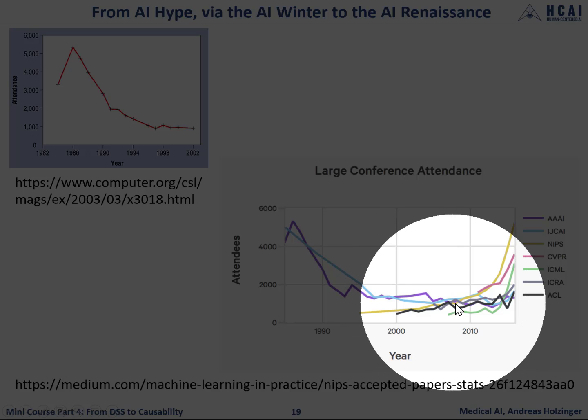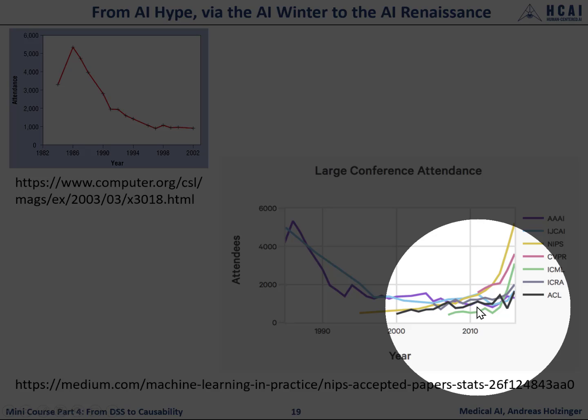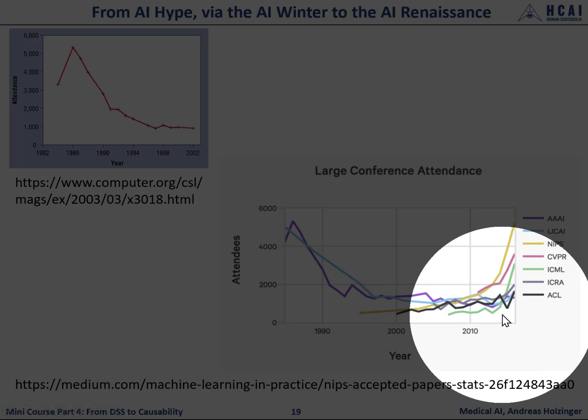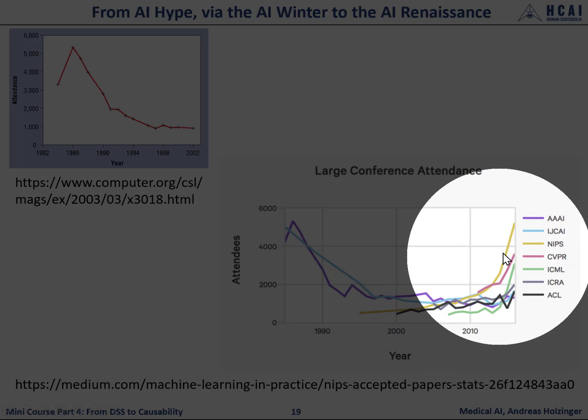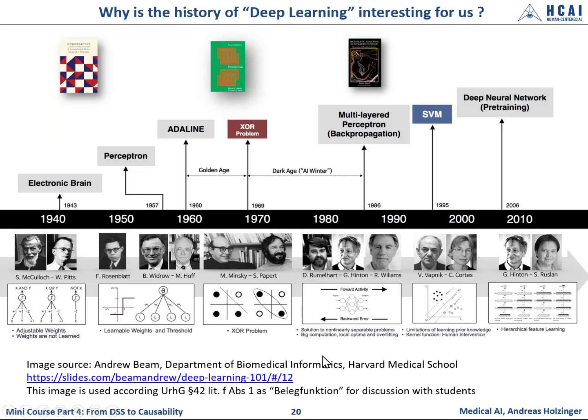Nobody was interested in artificial intelligence, up to 2010. Now, recently, very rapidly, the interest nearly explodes, and everybody is now talking about artificial intelligence and machine learning.